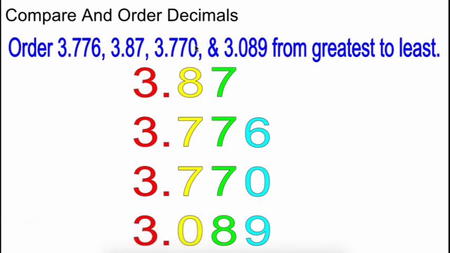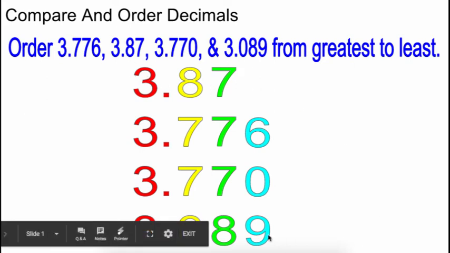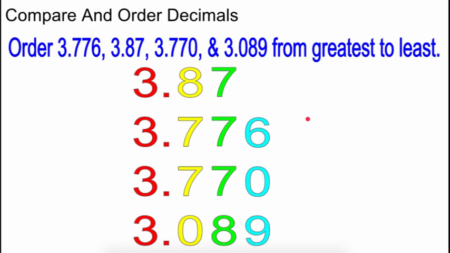Now you want to be careful because it's easy to look at this number and this number and think that because they are 87 and 89, the bottom number would actually be a bigger number. But remember, we start at the left and go to the right.